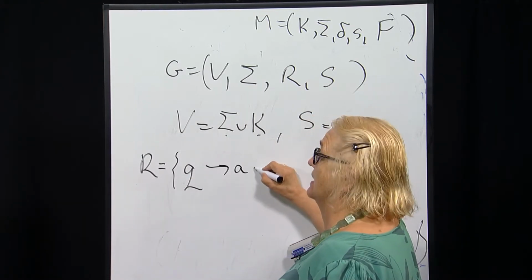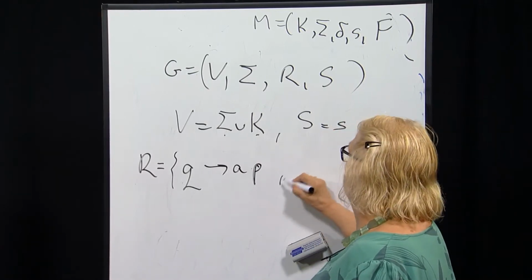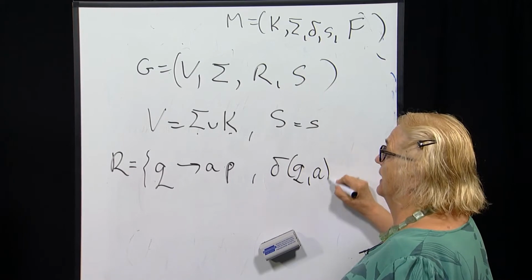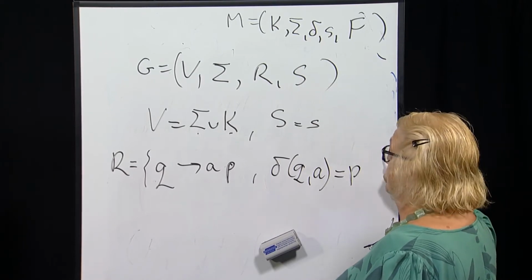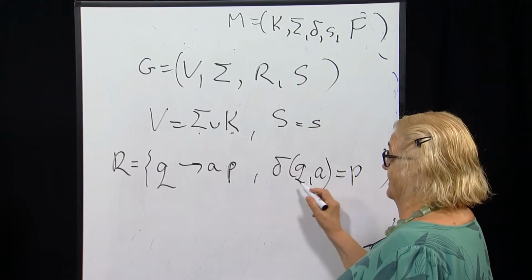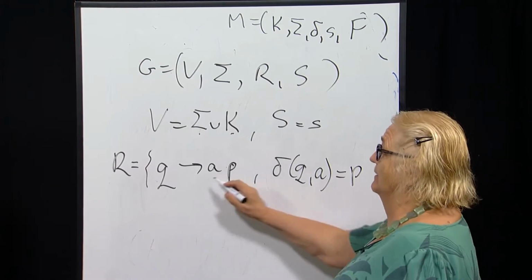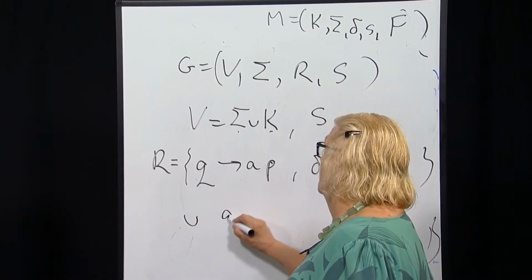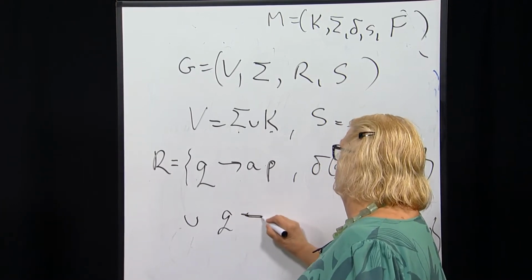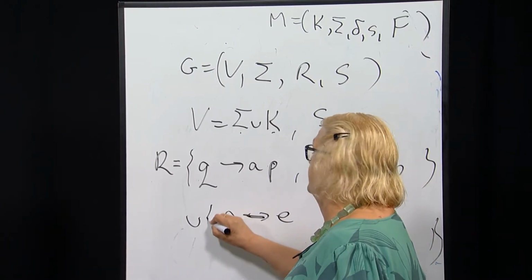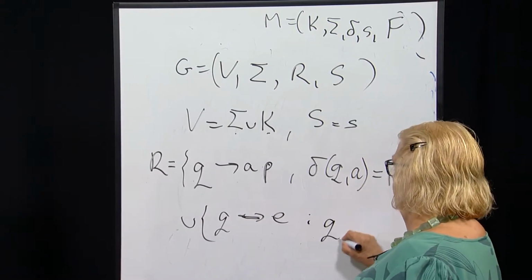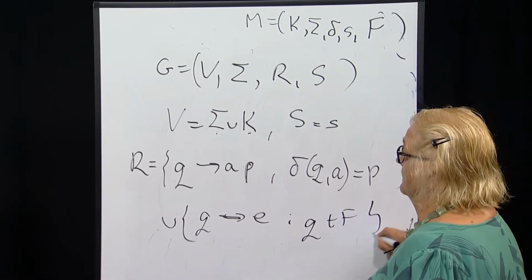I write A P if delta Q A equals P, and Q goes to epsilon where Q is the final state.